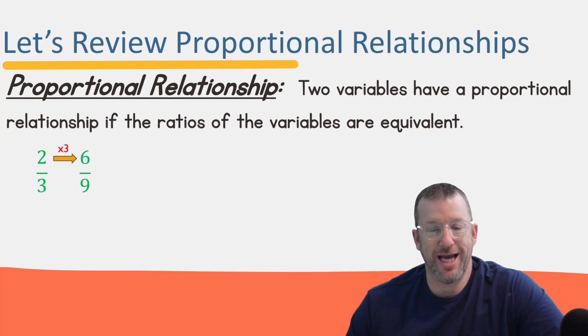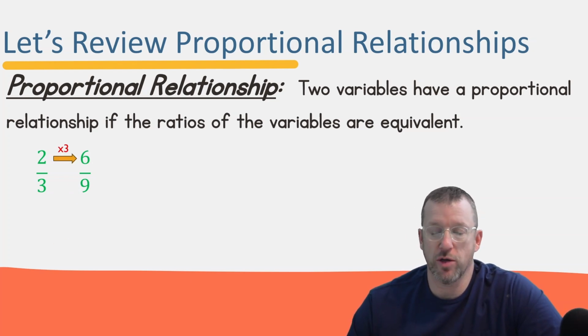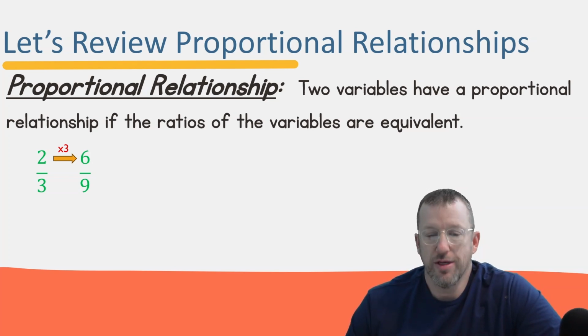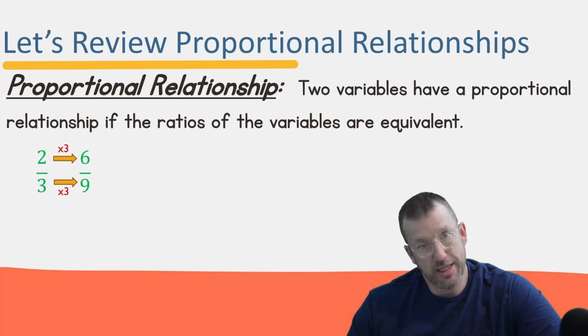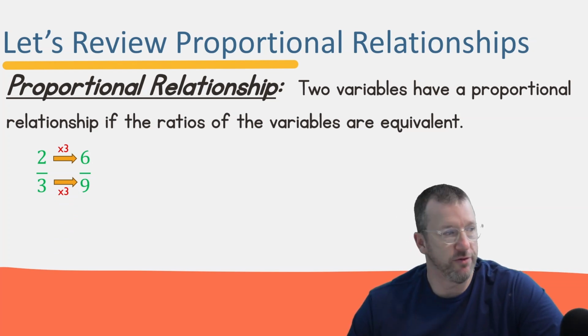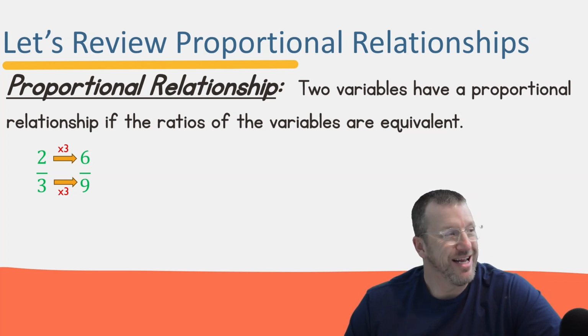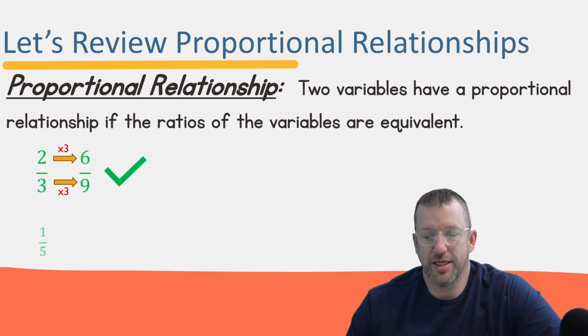You can look at it as an equivalent fraction. What we know about equivalent fractions is they are also proportional. So, in other words, we went from 2 to 6 by multiplying by 3. We went from 3 to 9 by multiplying by 3. That is a proportional relationship. They are equivalent fractions, and they're accelerating at the same rate. Okay, so that is a proportional relationship.